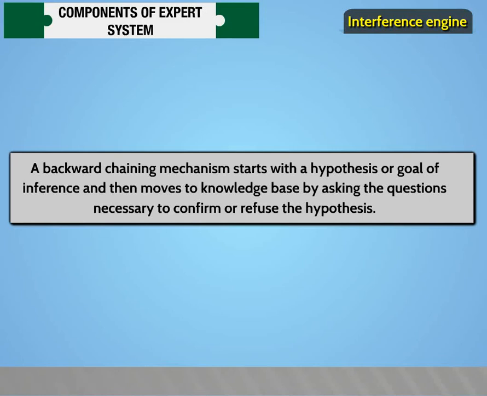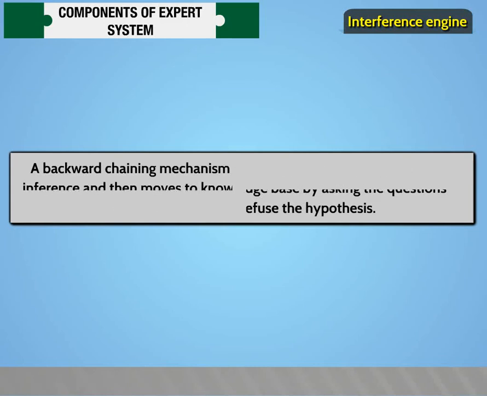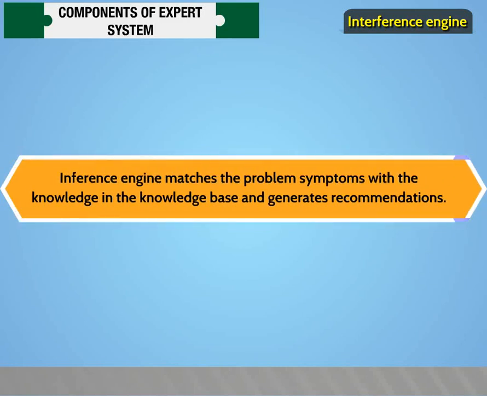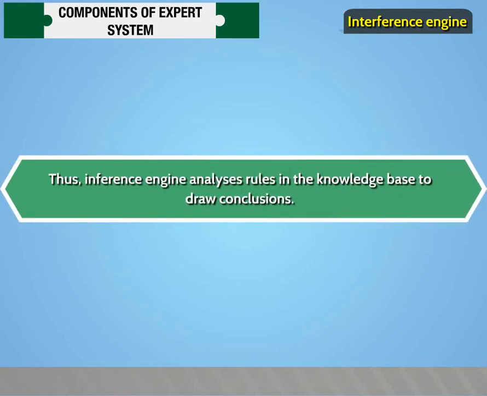A backward chaining mechanism starts with the hypothesis or goal of inference and then moves to knowledge base by asking the questions necessary to confirm or refuse the hypothesis. Inference engine matches the problem symptoms with the knowledge in the knowledge base and generates recommendations. Thus, inference engine analyzes rules in the knowledge base to draw conclusions.